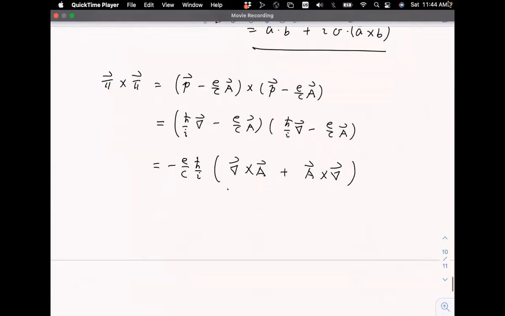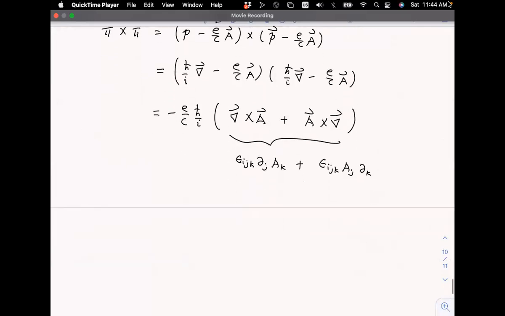So let's deal with this part. So this one, what is this? This is epsilon IJK and the J and K, and this one is epsilon IJK and A_J and K. So what does it mean? This one, you need to know if you have this on the wave function, what does it mean?